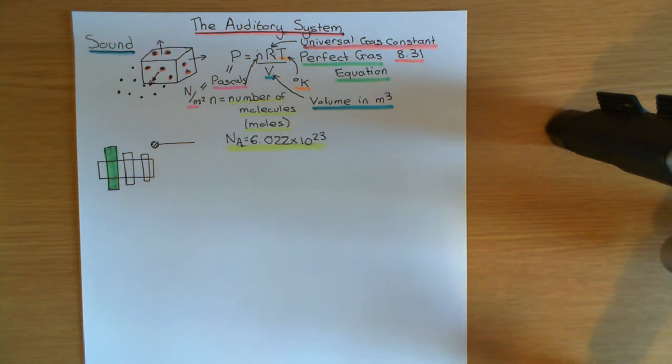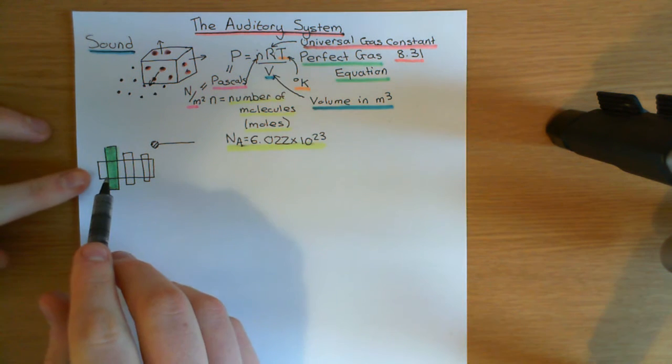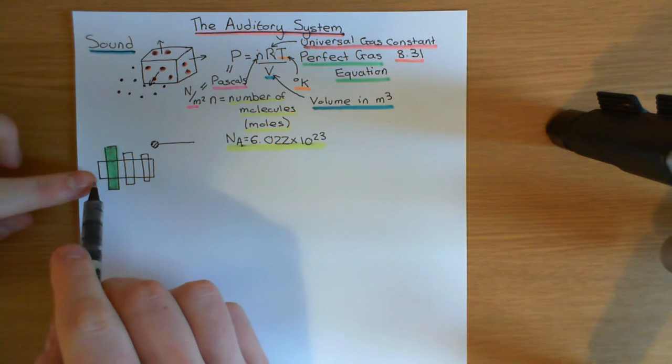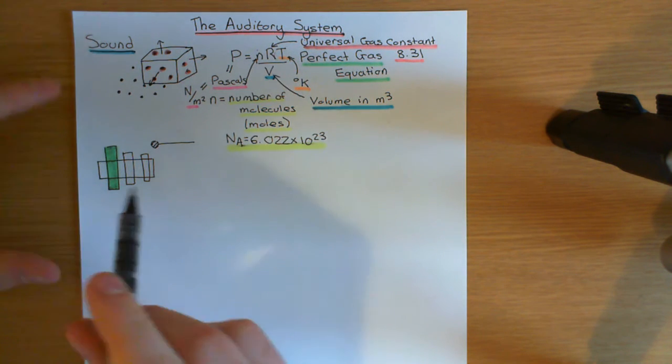What is going to happen? Well, we're going to get sound being generated, but how is it actually being generated? Well, let's think about what's going to happen to the bar. When we hit the bar, what's going to happen is it's going to oscillate upwards and downwards, upwards and downwards.